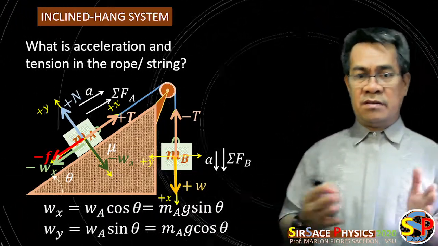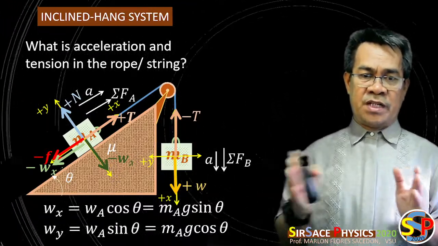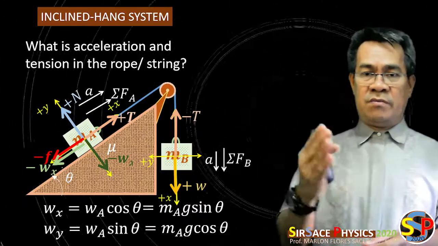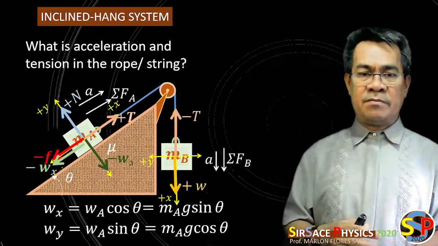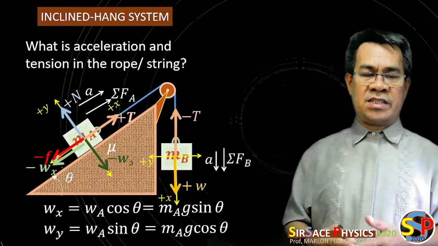Now remember that in the hanging object, there's no force along y. Unlike mass A, that we have the normal force and we have the component of W along y. So there are only two forces on mass B.